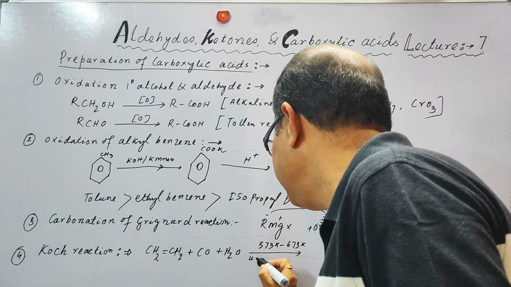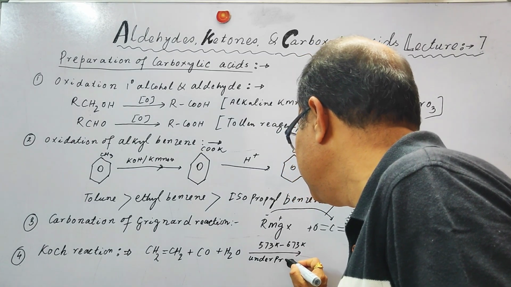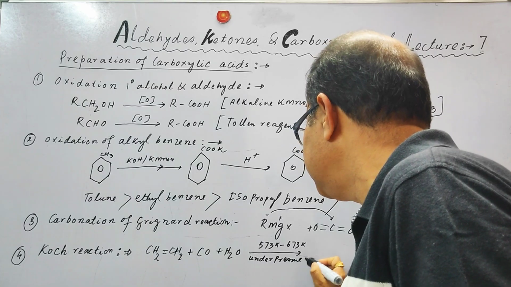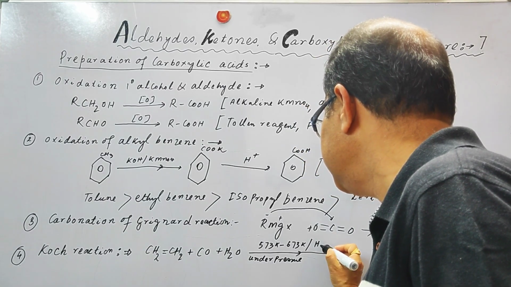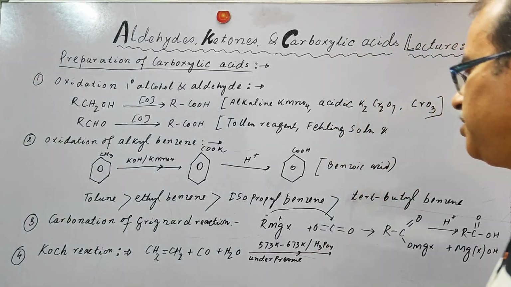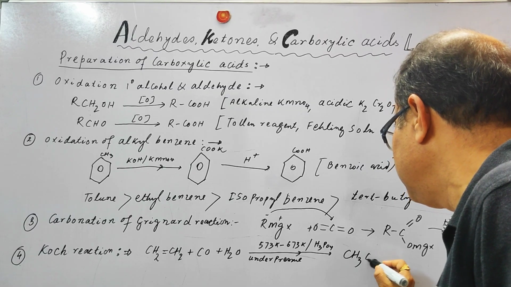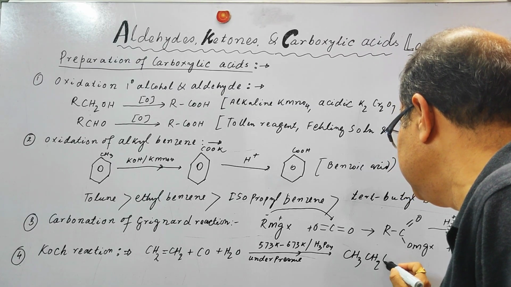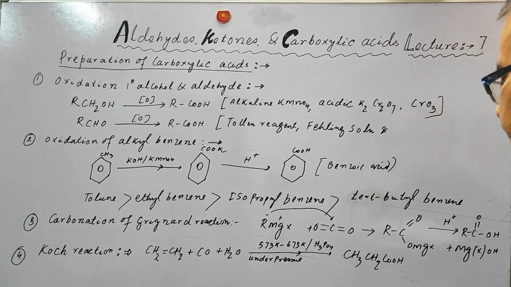A catalyst is also used, the catalyst is H3PO4. It is going to produce propionic acid. This acid is going to be prepared.